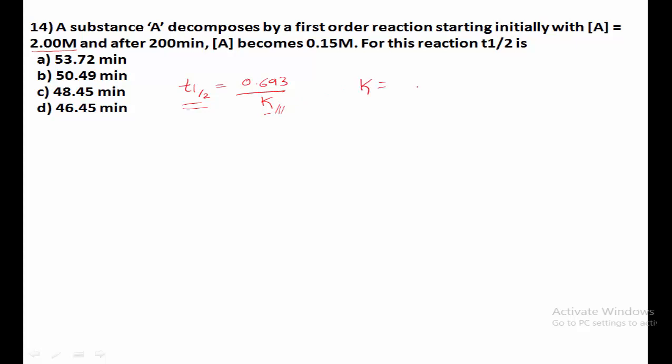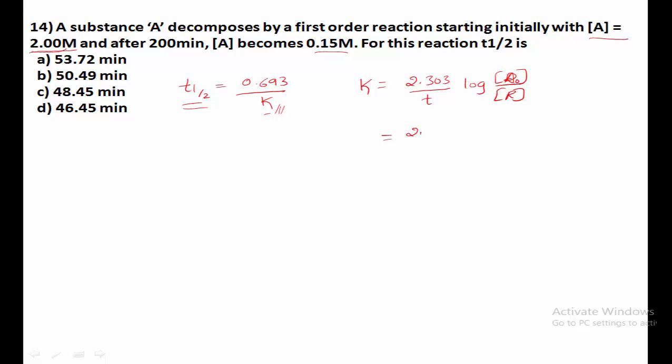As you know, the integrated equation for a first order reaction: k is equal to 2.303 divided by t, log of the initial concentration, R naught, divided by the final concentration. This is the formula that we have. So what is the initial concentration? Initial concentration of A is 2 molar, and after 200 minutes the concentration becomes 0.15 molar.